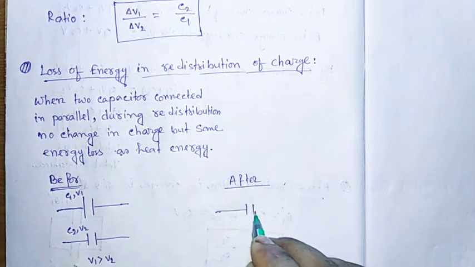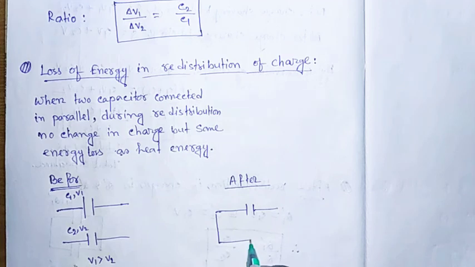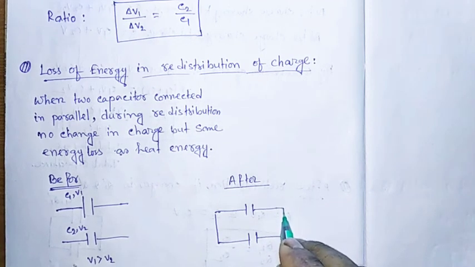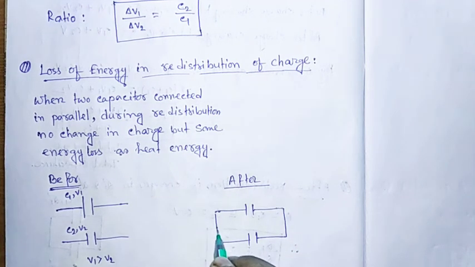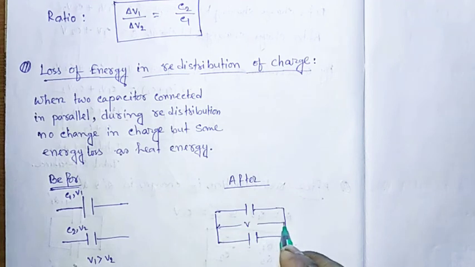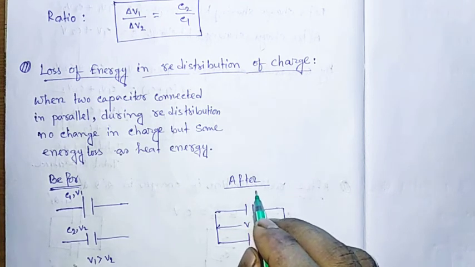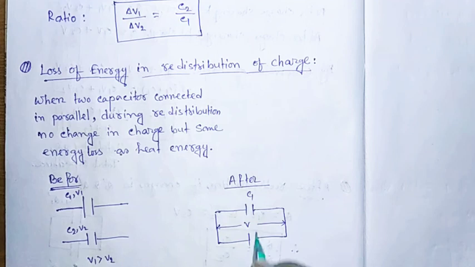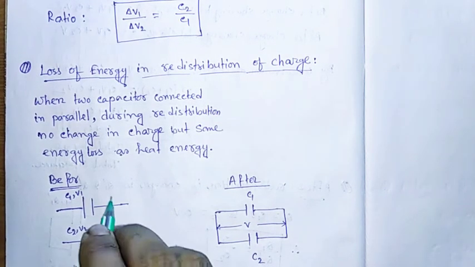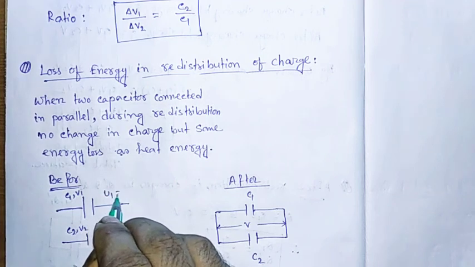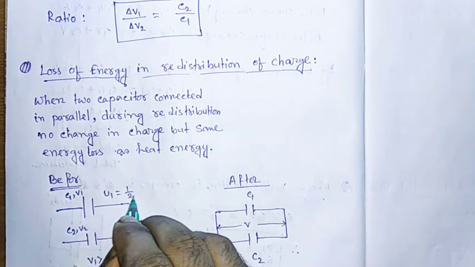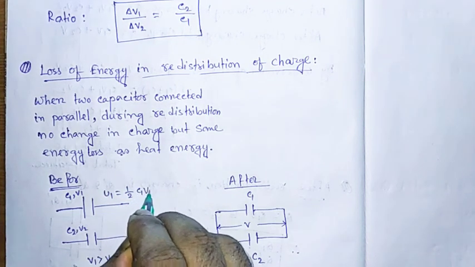After it is connected in parallel, then here is a common potential, with capacitance still C1 and C2, but here energy U1 is equal to half C1 V1 square.